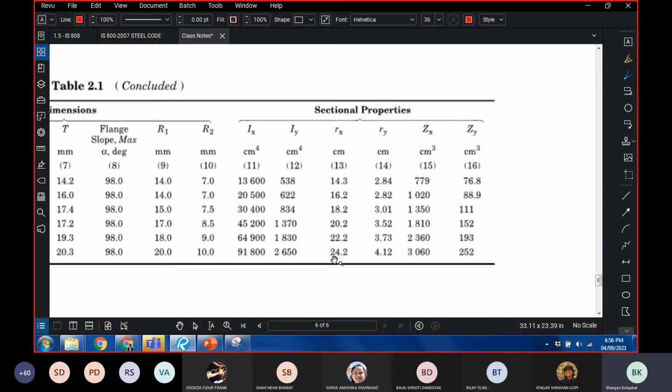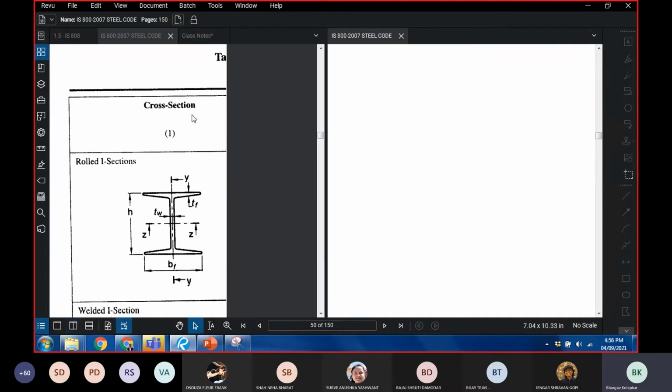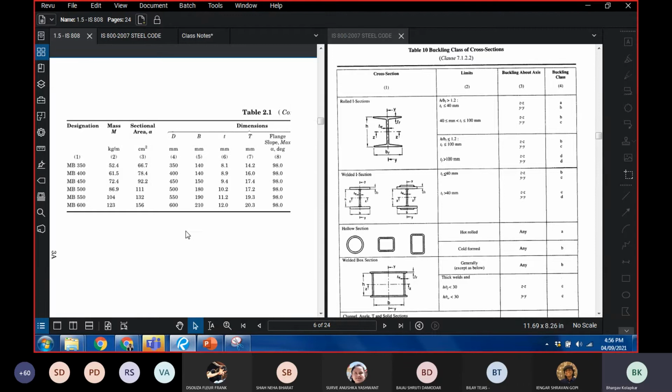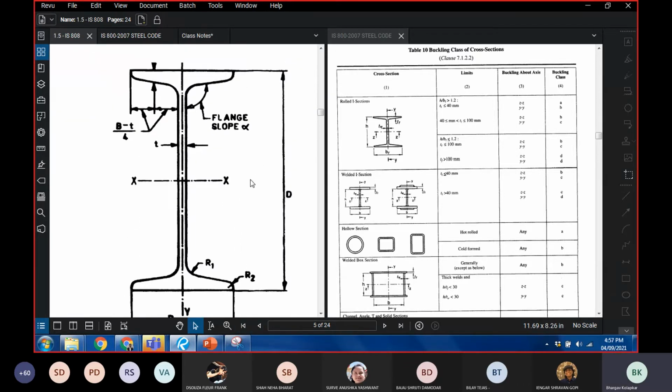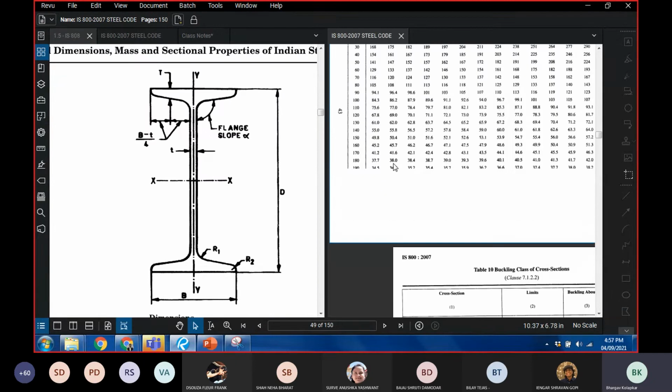Now again, pay attention here. Perhaps I'll just open these codes side by side so that you understand what I'm trying to say. See here, the notations are a little different.